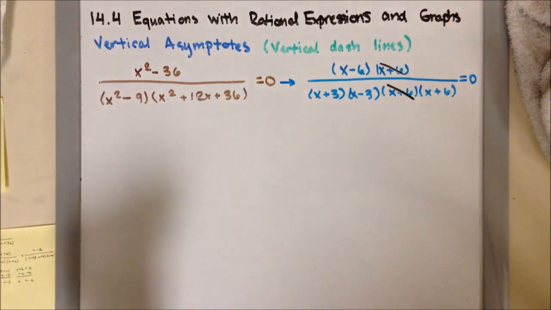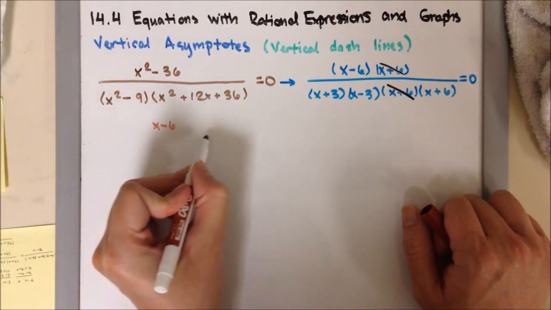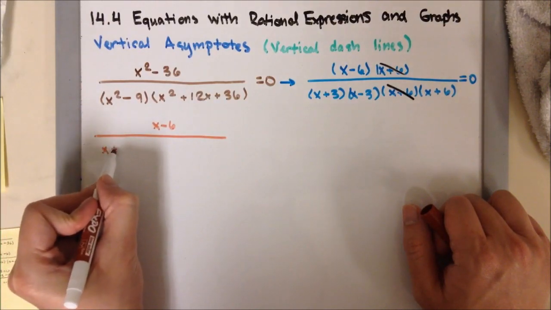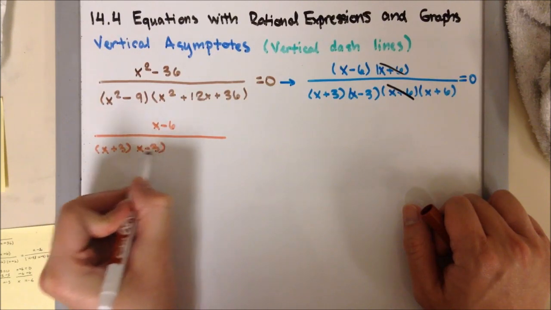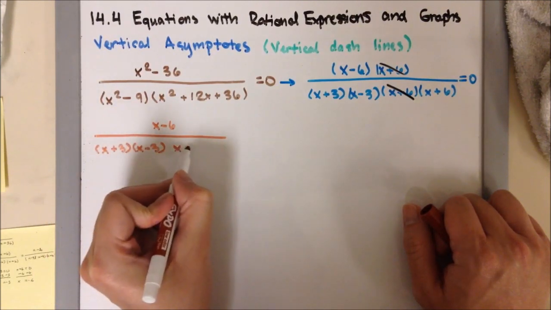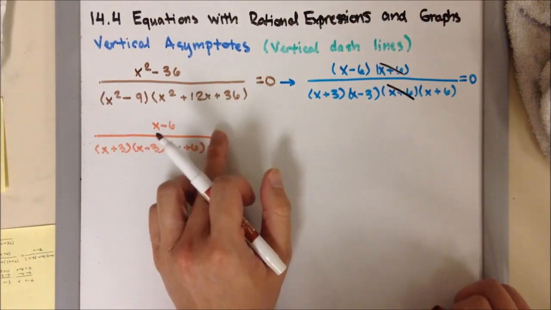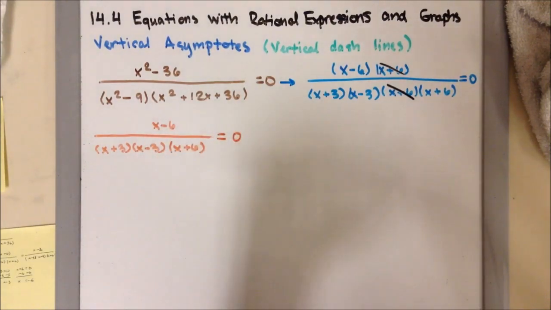So in my numerator, I'm going to just have x minus 6. In my denominator, I'm going to have x plus 3, x minus 3, and x plus 6. The whole thing equals to 0.